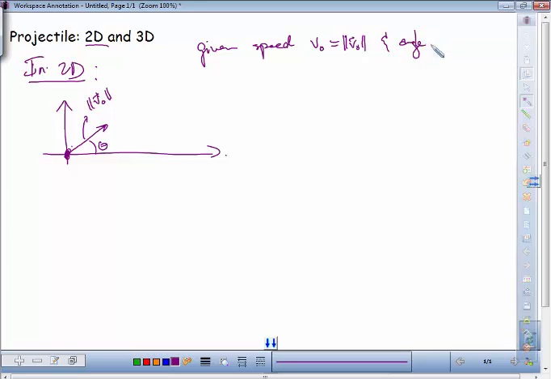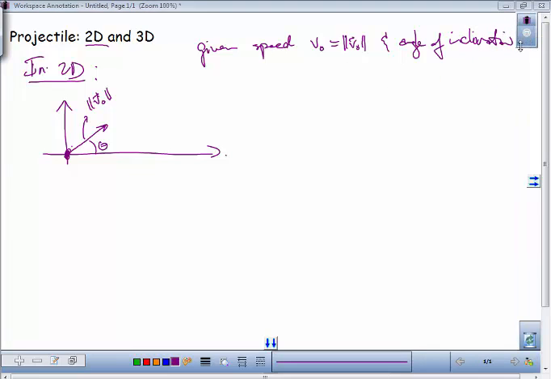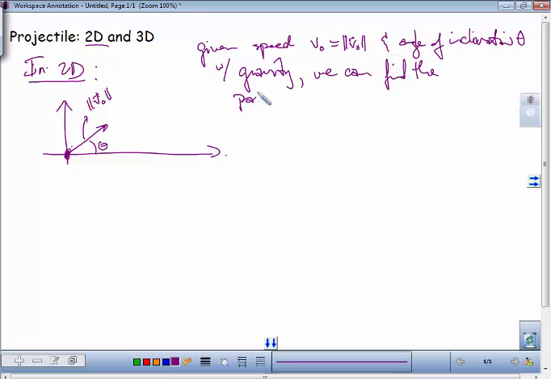An angle of inclination theta, with gravity, we can find the path of the projectile.